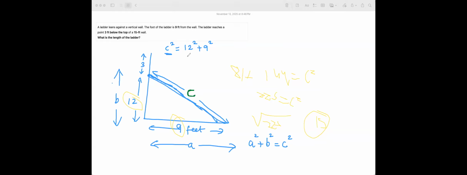So 12 squared is 144 plus 81, and when you add them together, it's 225. Guys, the most common mistake when you initially learn the Pythagorean theorem is forgetting and writing this as C. No, this is not C, you have to take the square root to get the value of C. Make sense?